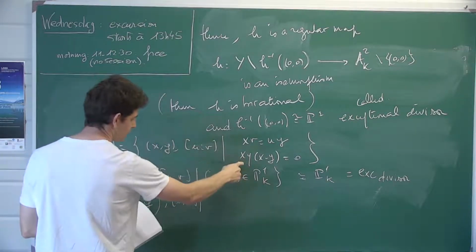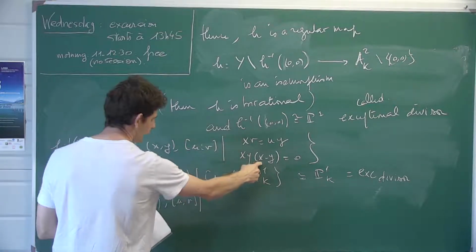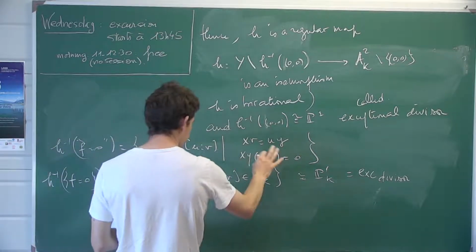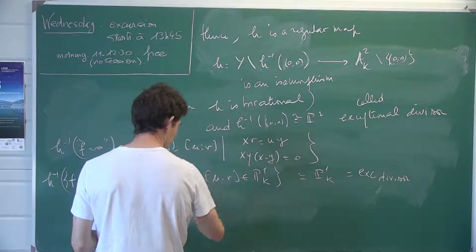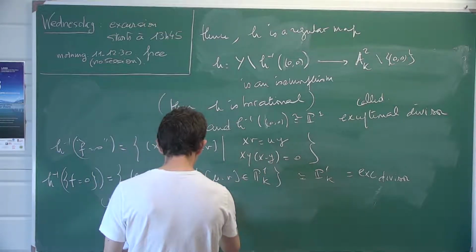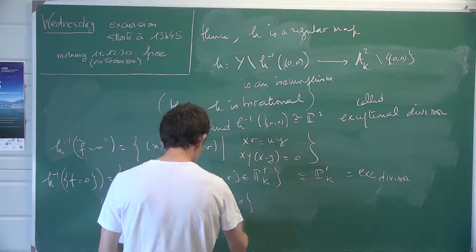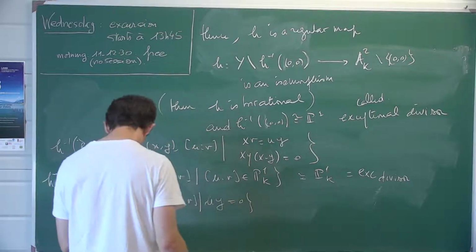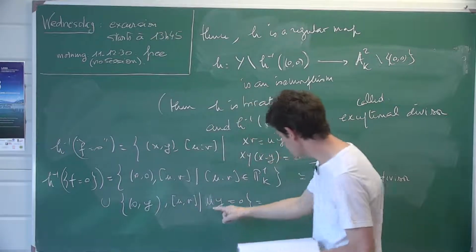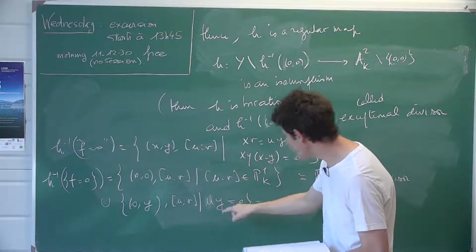If I'm here, necessarily x is 0 or y is 0 or x equals y. So I start with x equal to 0. So I will have uy equal to 0 here, and you see that I have two cases. The case where u is 0 and the case where y is 0.